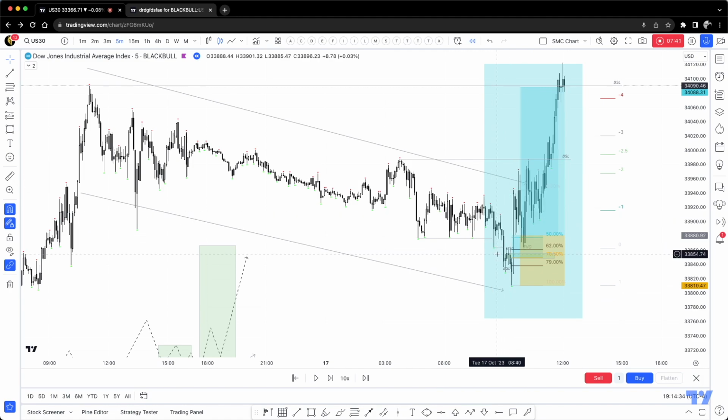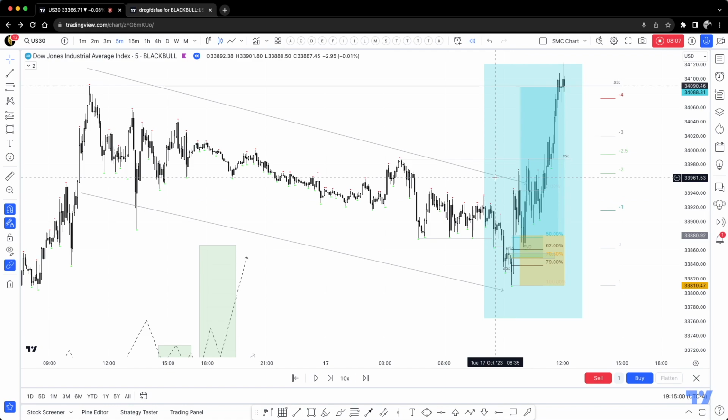So waiting, being patient, knowing when to trade, okay, especially if you're trading indices, US indices like US 30, Nasdaq, S&P 500. Don't be trading these indices during Asian session, please. Okay, you have to understand that these are American indices.